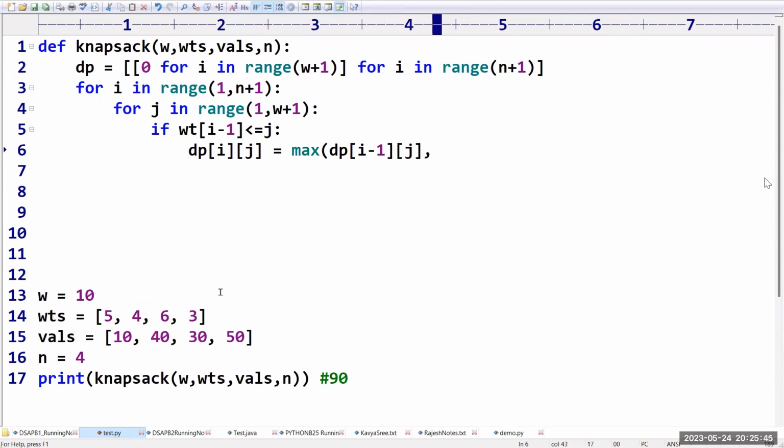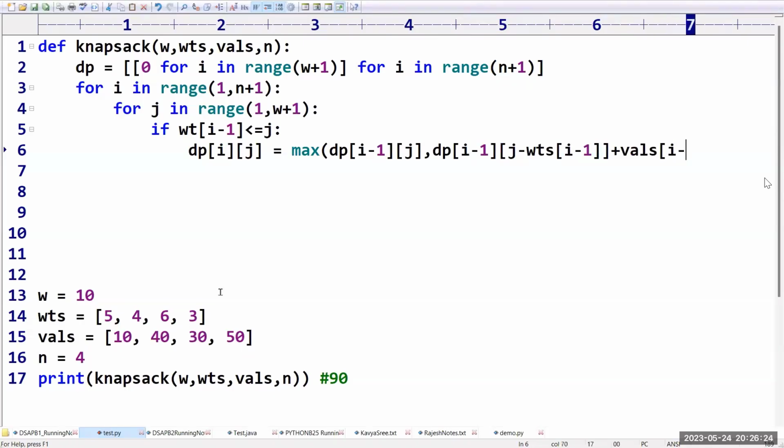Next, dp of i minus 1, j minus the weight. From the total weight we reduce that weight, so this is another attribute. In addition to that, we have to add the corresponding value, which is the value of i minus 1.